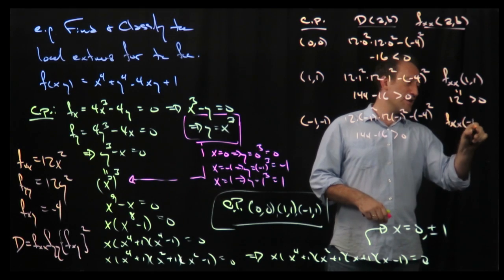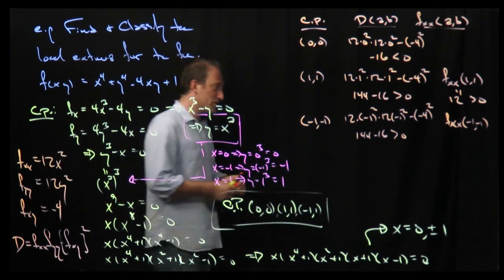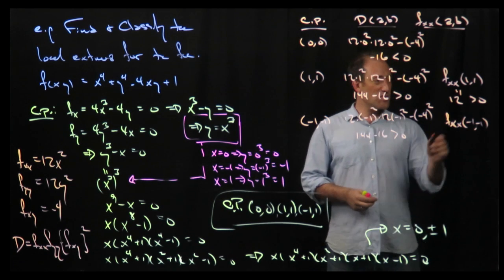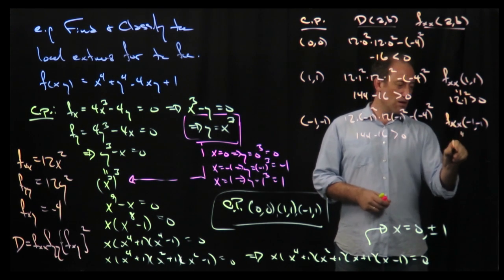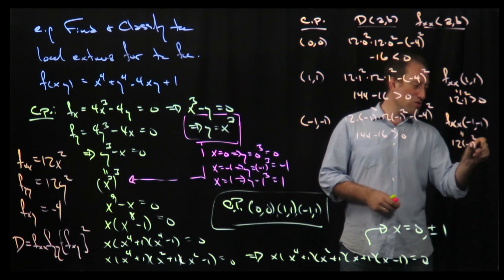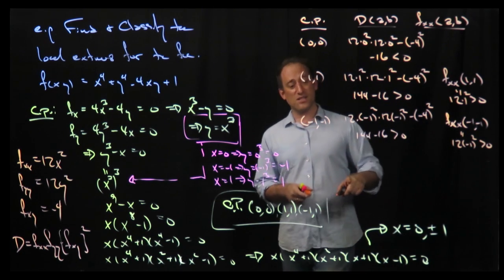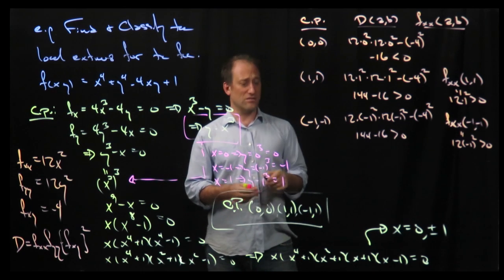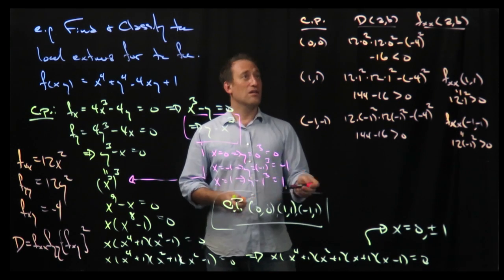Meanwhile, fxx at minus 1 is 12 times minus 1 squared, which is, again, positive. So I've got a saddle here and 2 local mins.